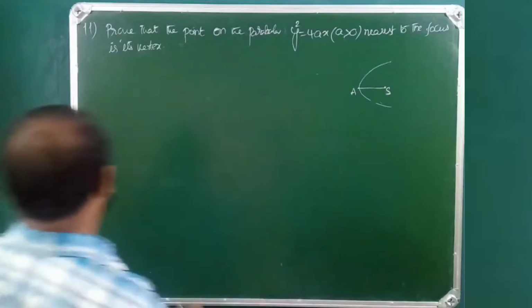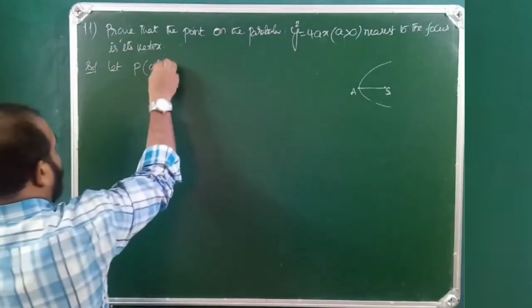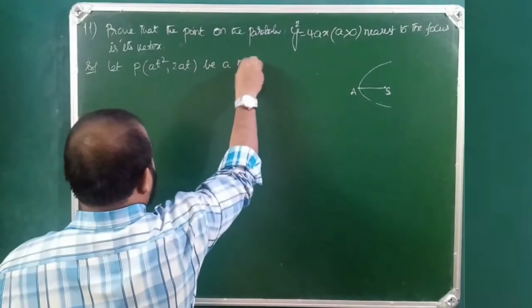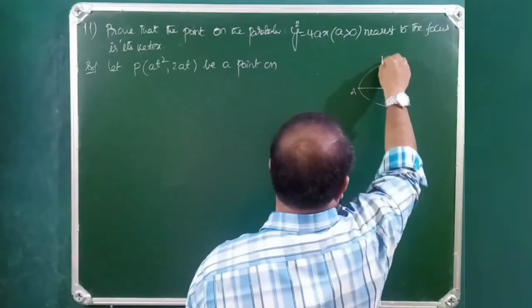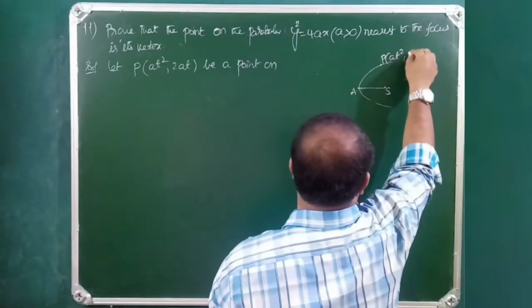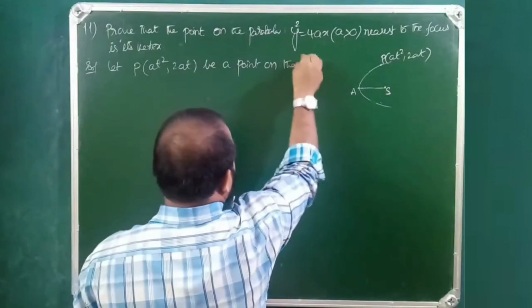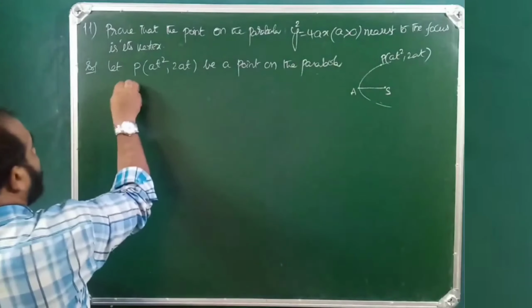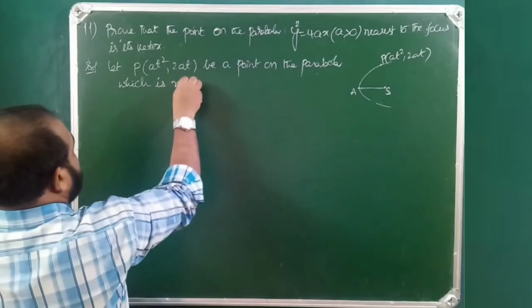So the same thing, solution: let P, a t square comma 2a t, be a point on the parabola. So let us take any point P, a t square comma 2a t, be a point on the parabola which is nearest to the focus.